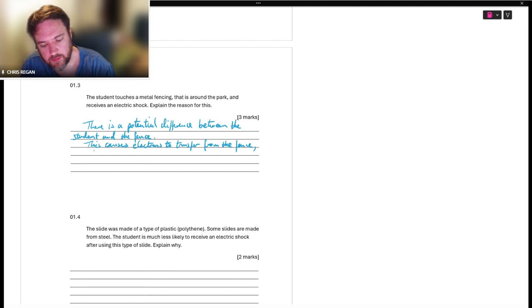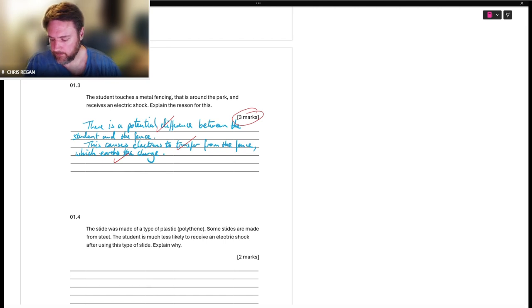Direction is important. That's our next mark there. It's the electron transfer from the fence, which earths the charge. Okay, so 1 mark, 2 marks, 3 marks, and we're done.